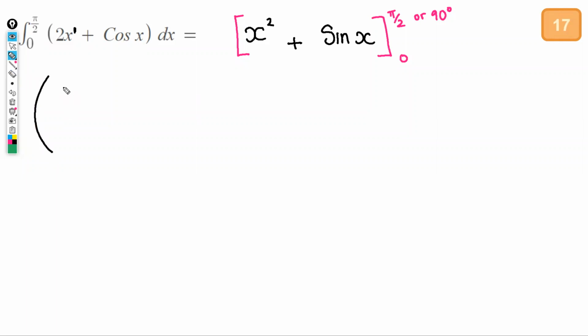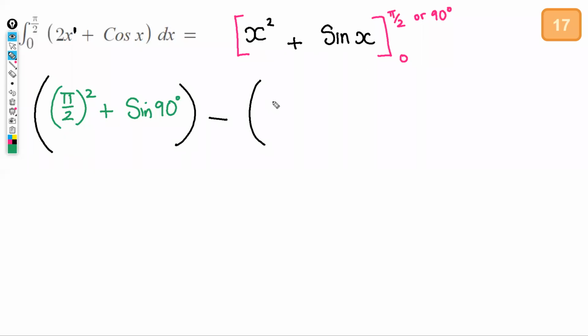Pi on 2, that whole thing is squared, plus sine, and we're replacing this x with 90 degrees. Close the brackets, put a minus sign, open brackets, replace all the x's with 0 here. 0 squared plus sine 0 degrees.